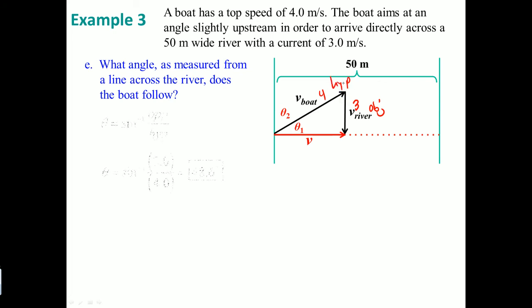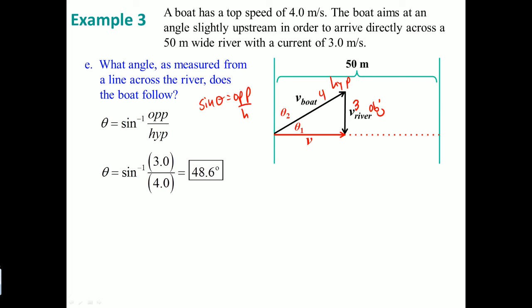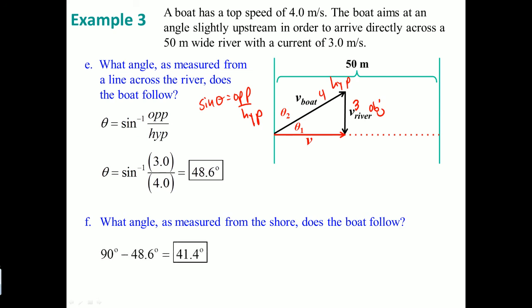This is the reason you use the sine operator here. Remember, sine theta is equal to opposite over hypotenuse, so to get theta you use the inverse sine. This is just some trig for you. What angle as measured from the shore does the boat follow? Again, you have to do 90 minus that, because that is the difference there.